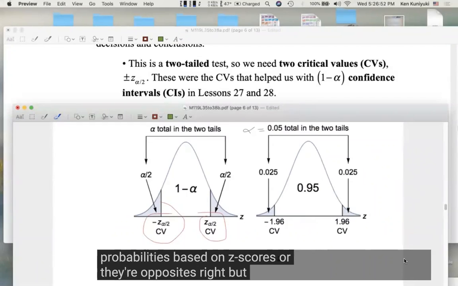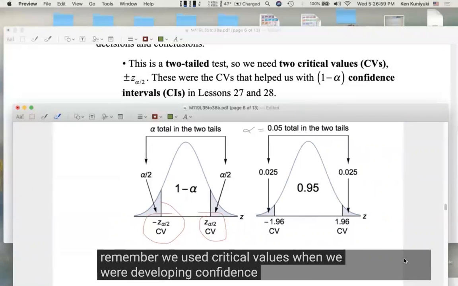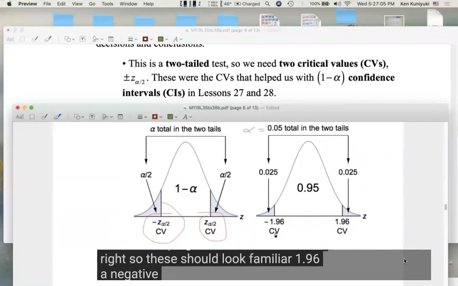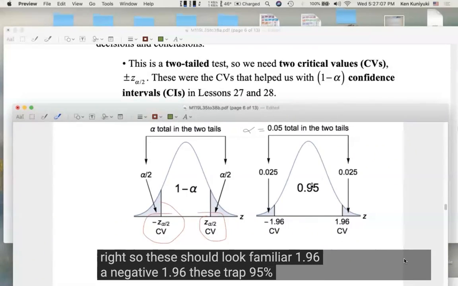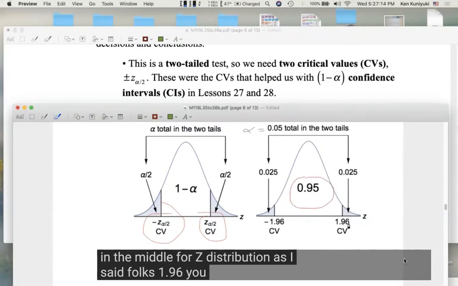But now, we're doing it more like confidence intervals. Remember, we used critical values when we were developing confidence intervals. So these should look familiar. 1.96 and negative 1.96, these trap 95% or 0.95 in the middle for the Z distribution. As I said, folks, 1.96, you might be thinking about this a lot.